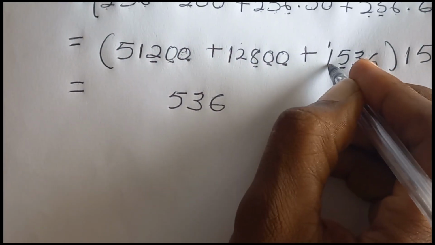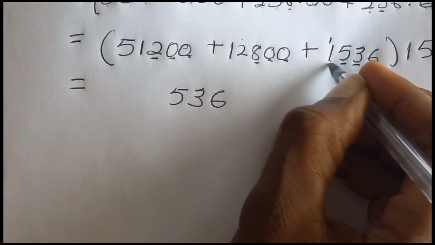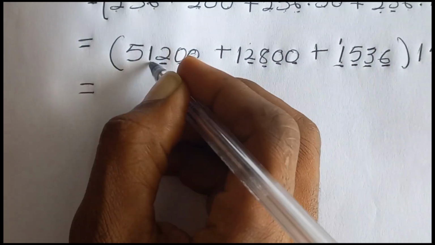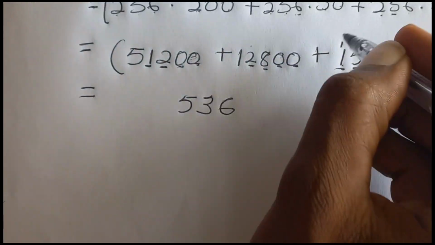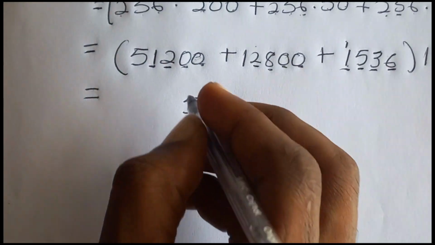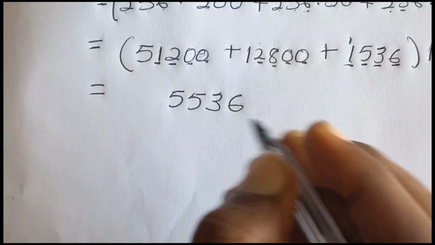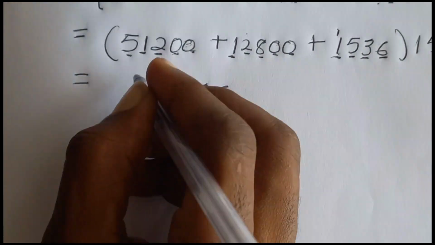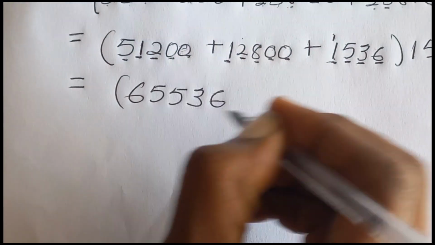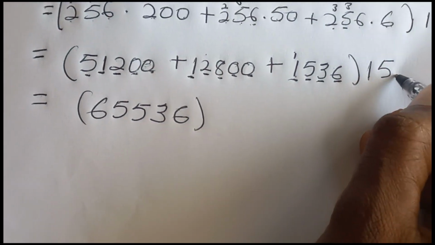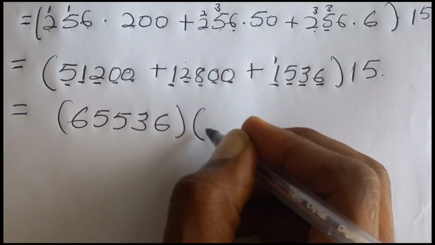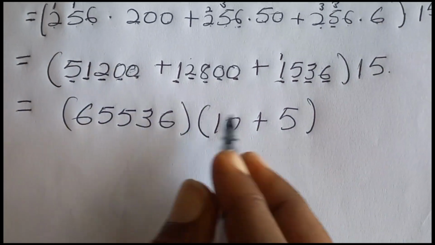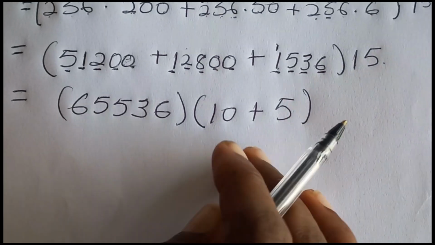So 1 plus 3, 1 plus 2 which is 3, plus 1 which is 4, plus the remainder, which is 5. 1 plus 5 is 6. And then, this our 15, we can break it down as 10 plus 5, so that it will be easy to multiply this huge number by 10 and 5.